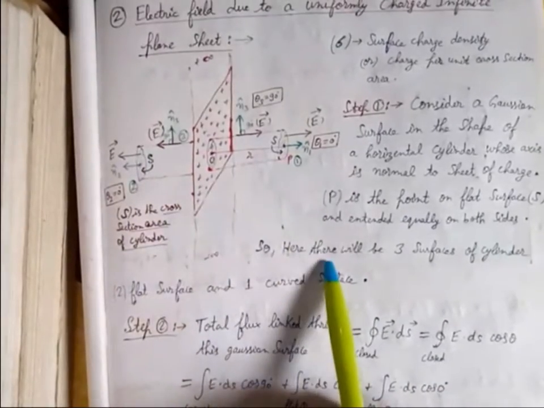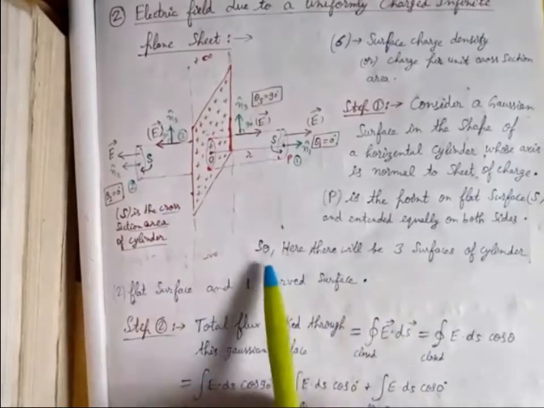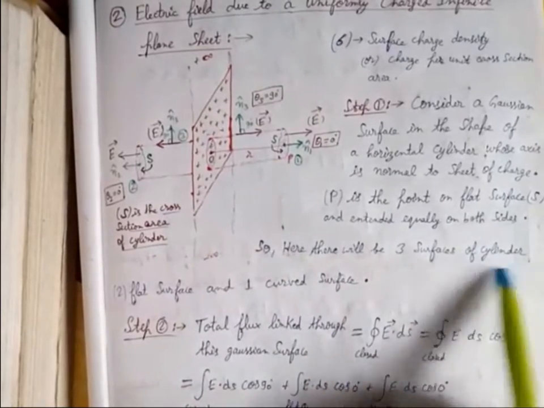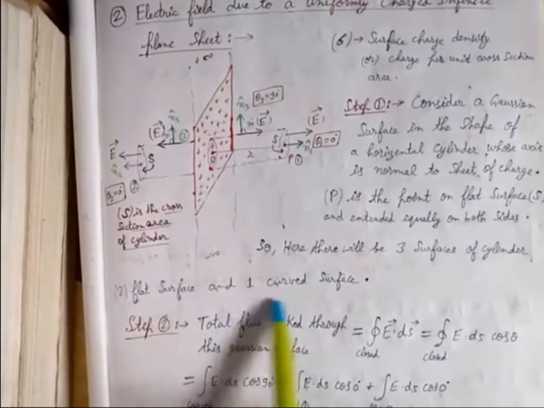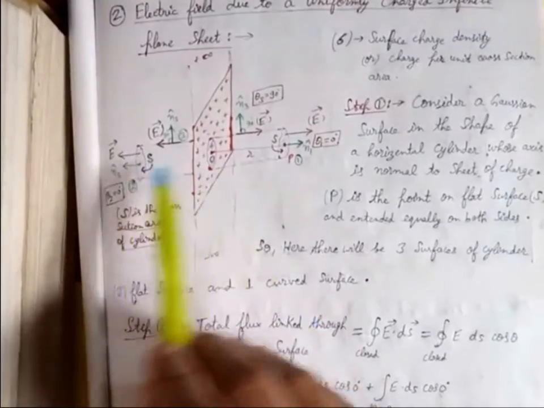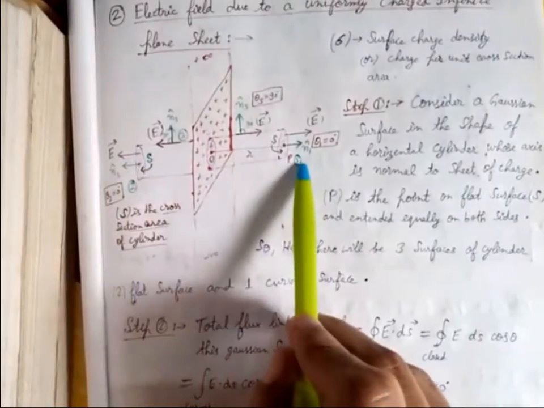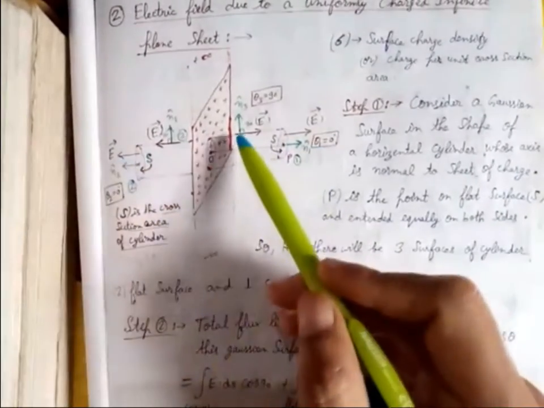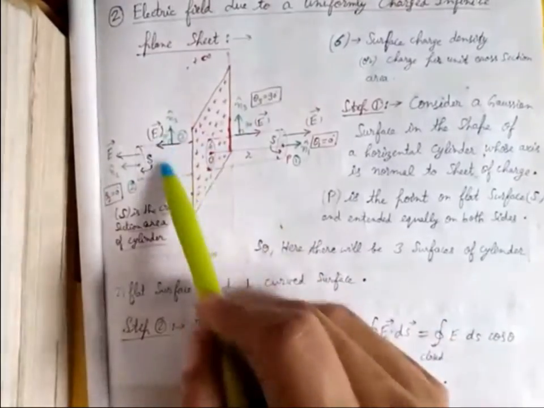So here there will be three surfaces of the cylinder: two flat surfaces and one curved surface. The first and second are the flat surfaces. This third surface is the curved surface.